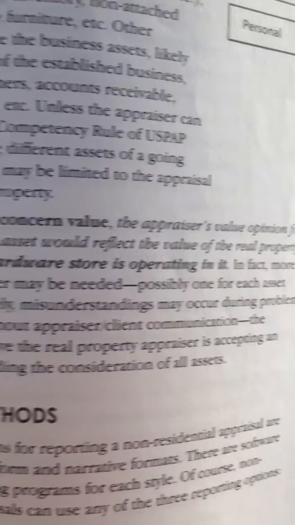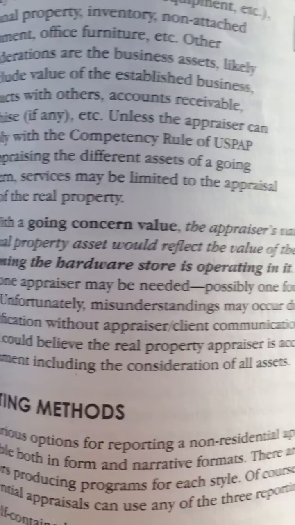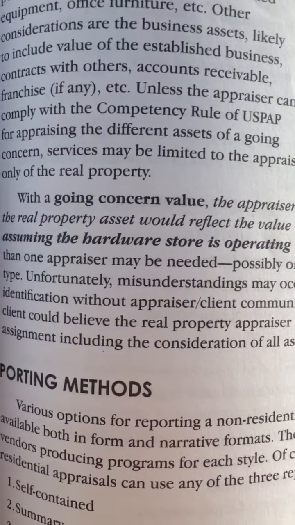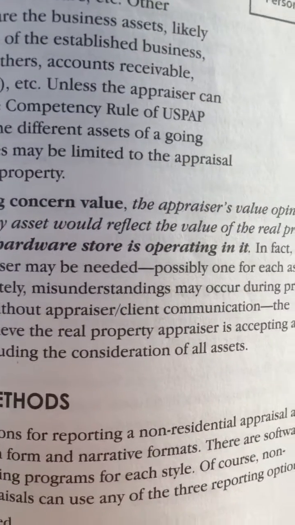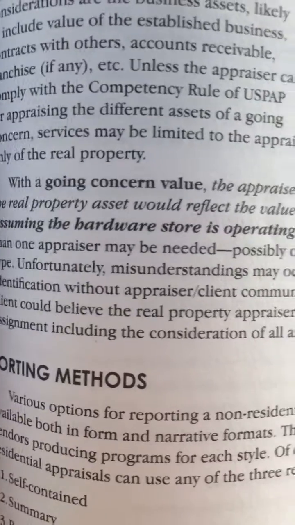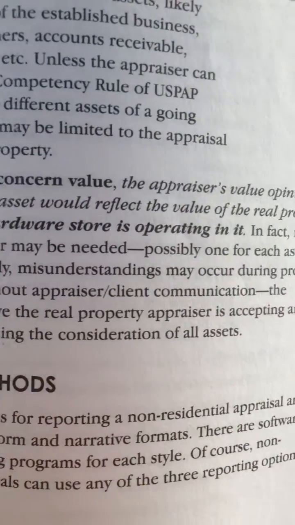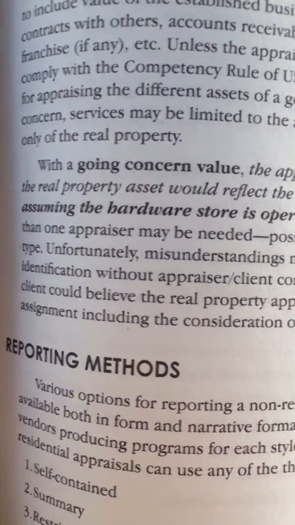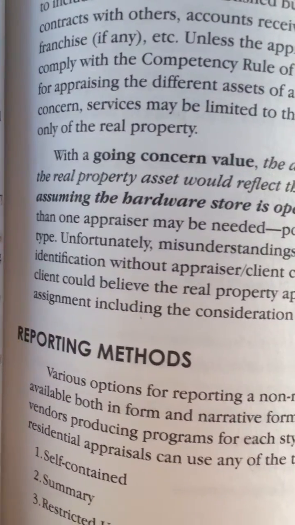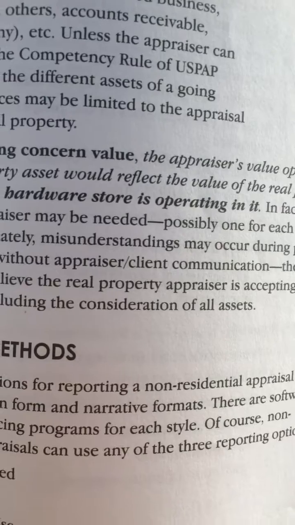In fact, more than one appraiser may be needed, possibly one for each asset type. Unfortunately, misunderstandings may occur during problem identification without appraiser/client communication. The client could believe the real property appraiser is accepting an assignment, including the consideration of all assets.